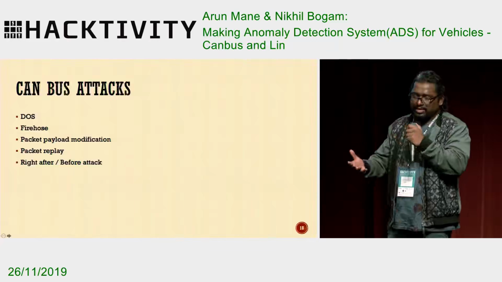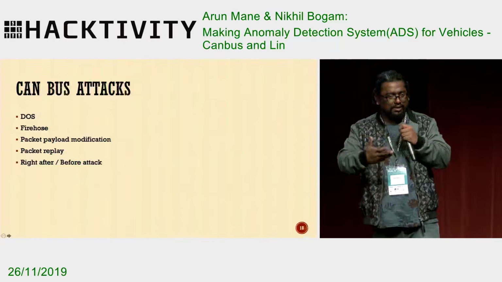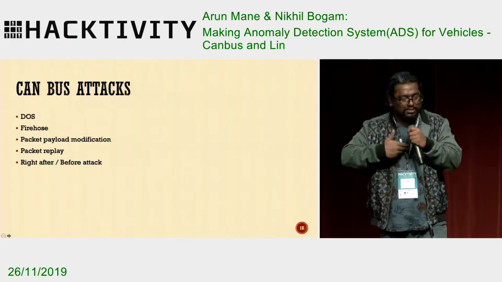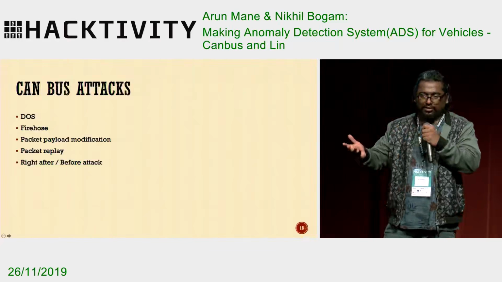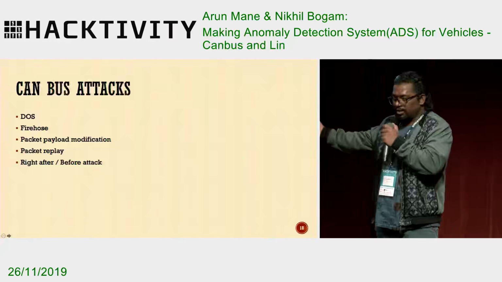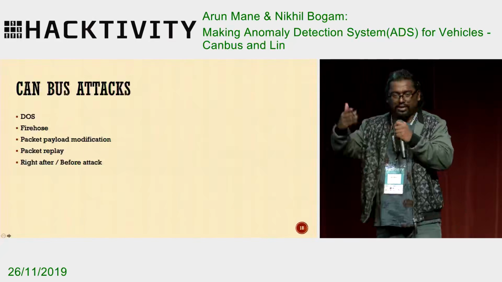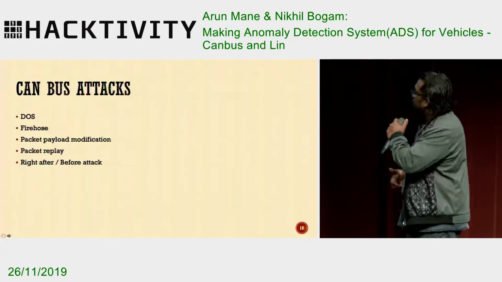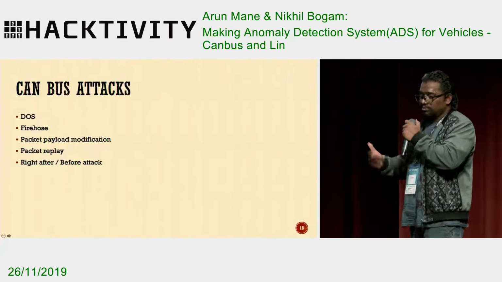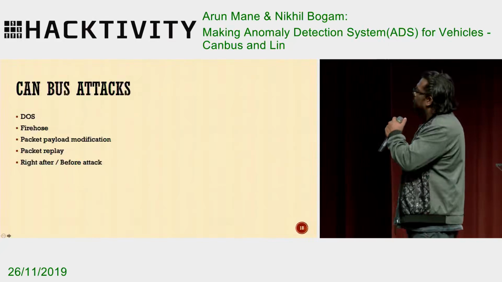CAN bus is like a broadcast. When it sends a message, it broadcasts the entire message to the CAN bus network. Whenever a particular message ID or identifier comes, the node listens and gives a response or event based on the message.